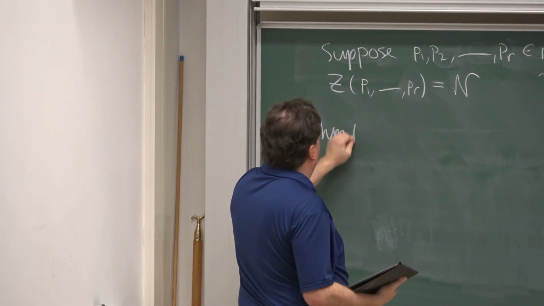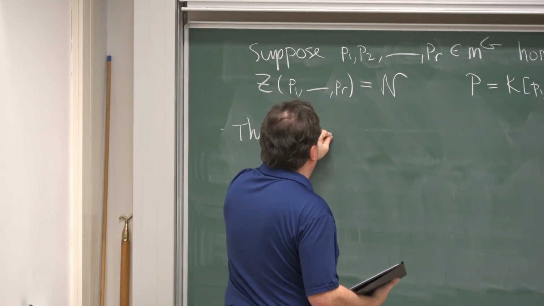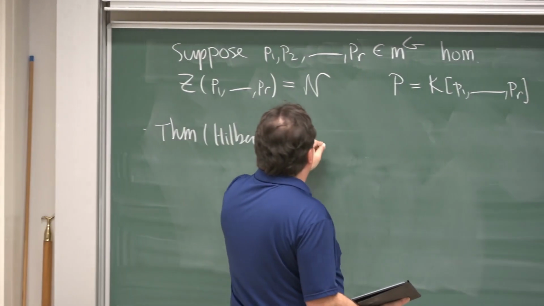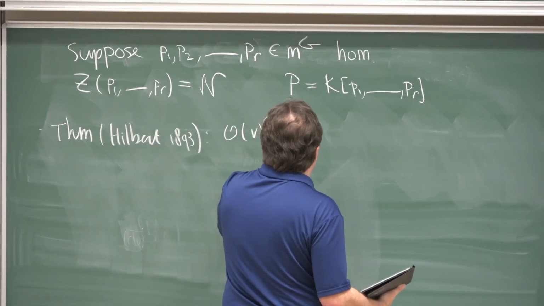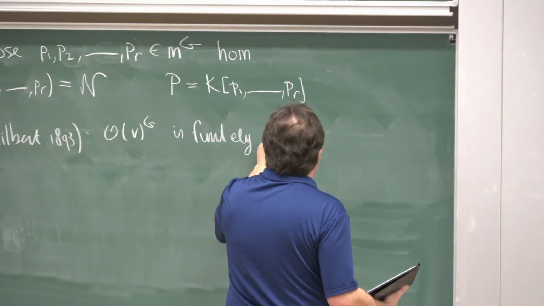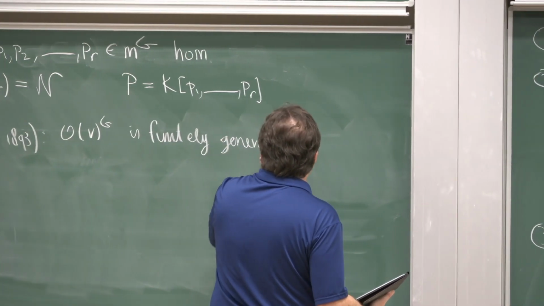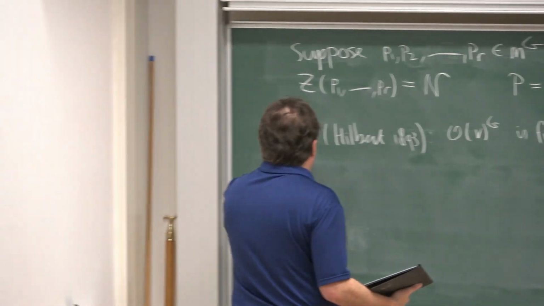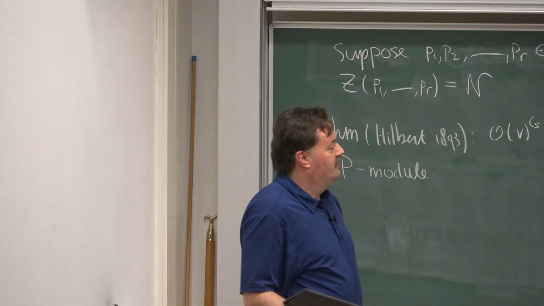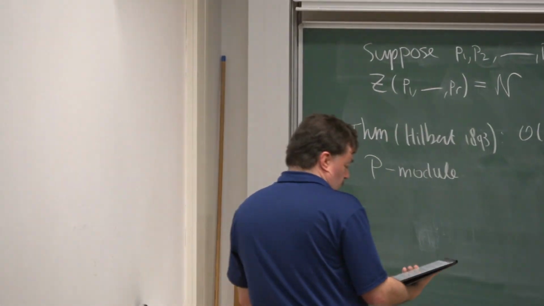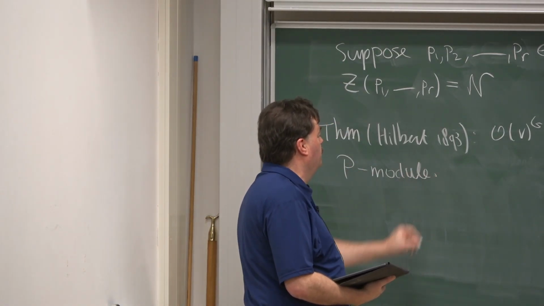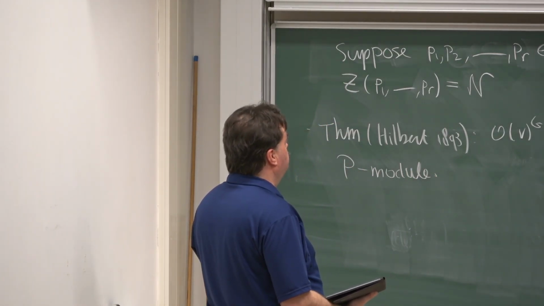Then one of the things Hilbert proved in his 1893 paper is that this invariant ring here is a finitely generated P-module. I guess technically maybe he only proved it in the linearly reductive case, but I think it easily generalizes once you know these geometric properties of reductive groups.